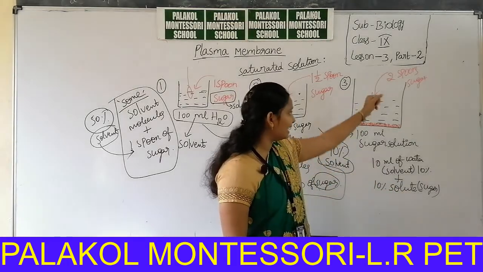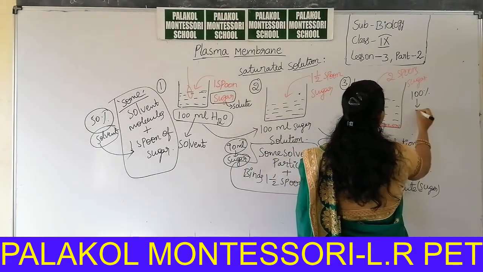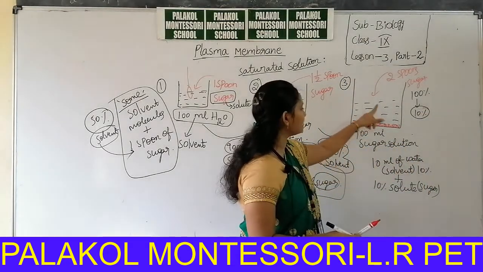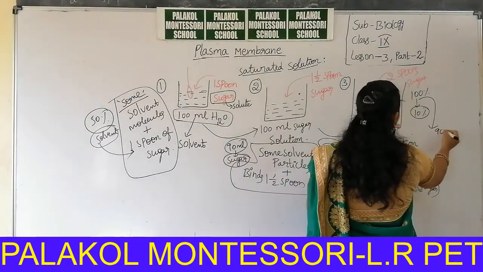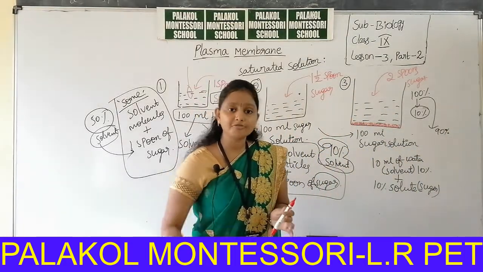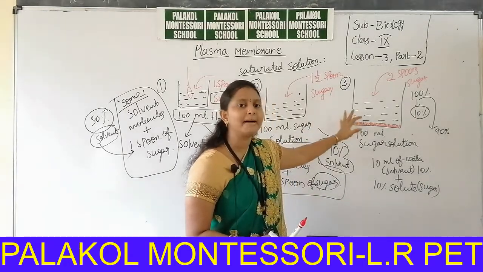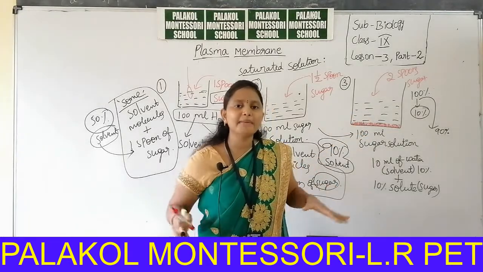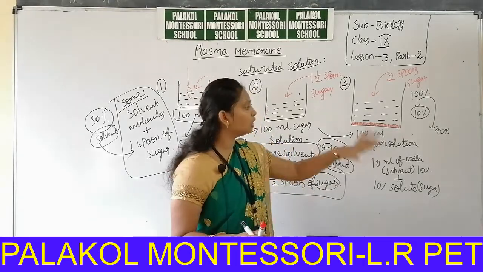So considering the total as 100%, 10% is the free molecules of the solvent, and the remaining 90% of the solute is not bound with the solvent. Why? Because the solvent particles in the solution are completely bound with the solute particles.